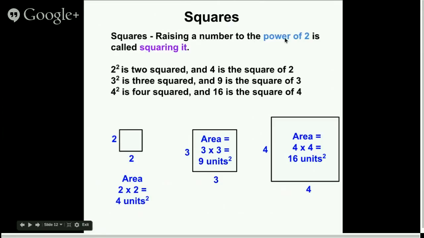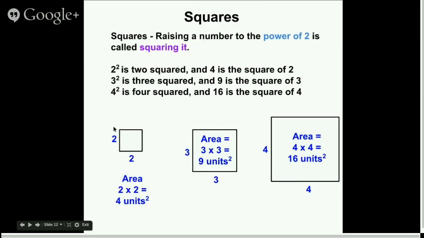Squares. Raising a number to the power of 2 is also called squaring it. So you can say 2 to the power of 2, or you can say 2 squared. Both are the same. 3 squared is 3 to the power of 2, which is 9. 4 squared is 4 to the power of 2. And the reason for this is squares.